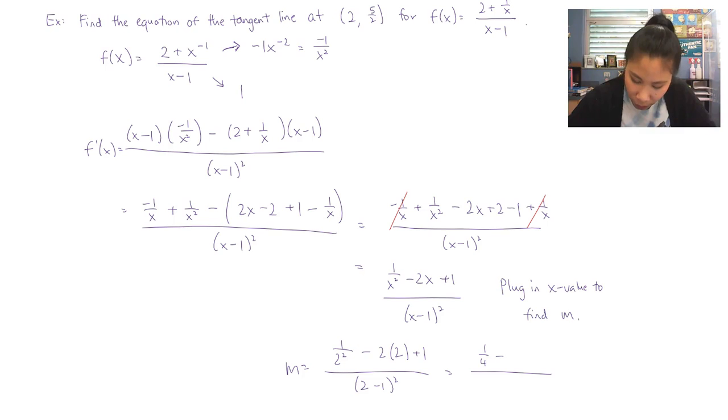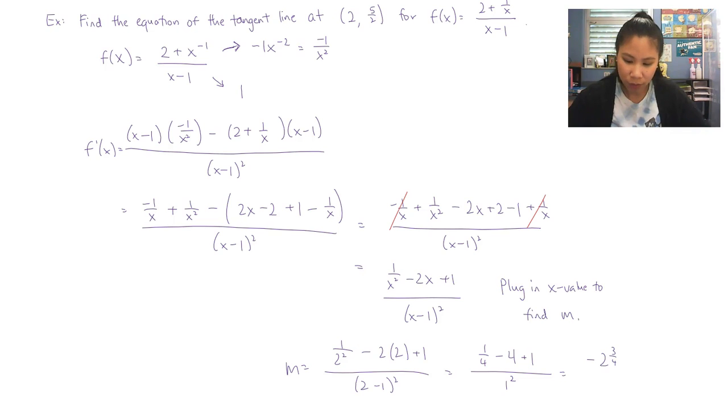So 1/4 minus 4 plus 1 over 2 minus 1 is 1, 1 squared is 1. Okay, so on top, I'm going to end up with a fraction. 1/4 minus 3 is negative 2 3/4. Negative 11 over 4. That's going to be my slope.